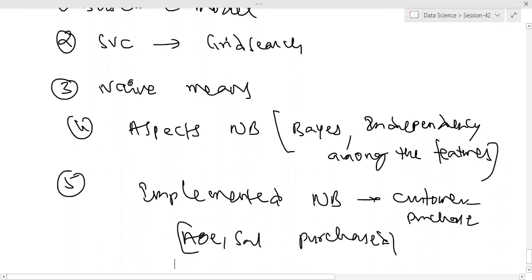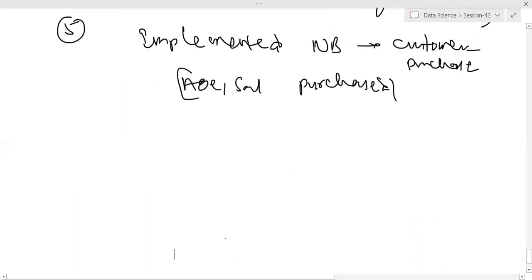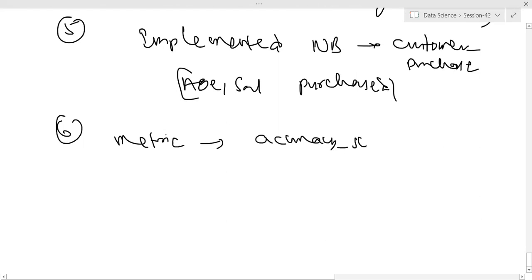Here we have seen one more metric, the accuracy score. Rather than complicating things, if I want to take a direct score, then I can go with the accuracy score.